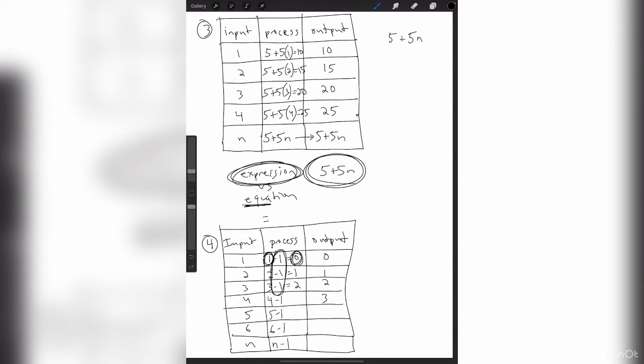So we're going to go ahead and do this. So 4 minus 1, 5 minus 1, 6 minus 1, n minus 1, and say 4 minus 1 is 3, 5 minus 1 is 4, 6 minus 1 is 5, and n minus 1 is finally what I would put.